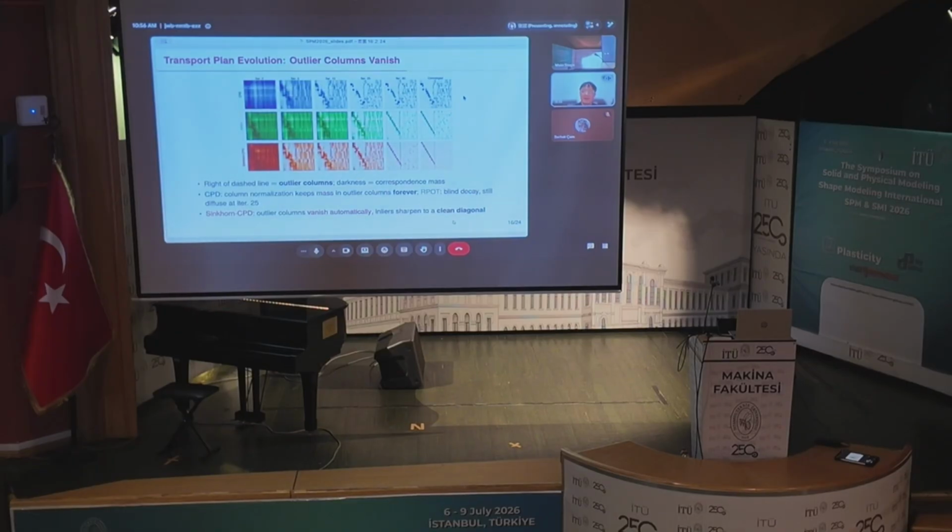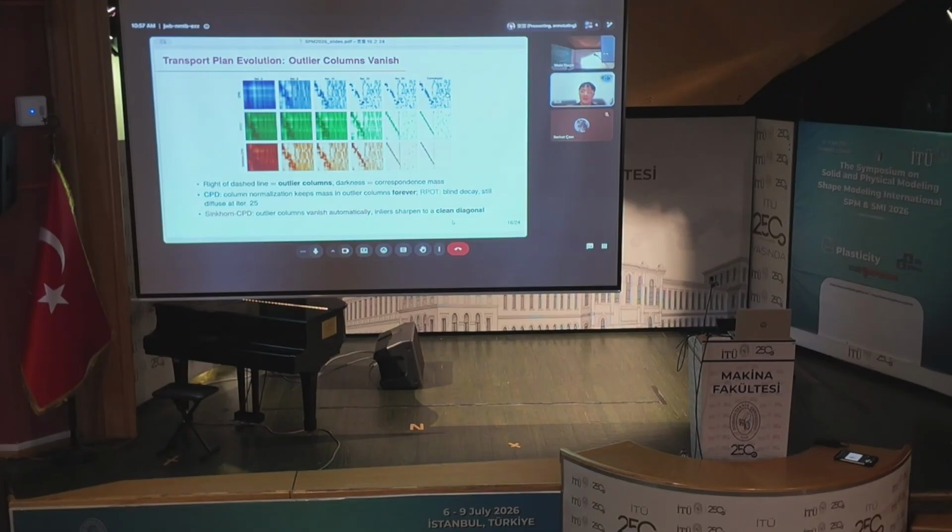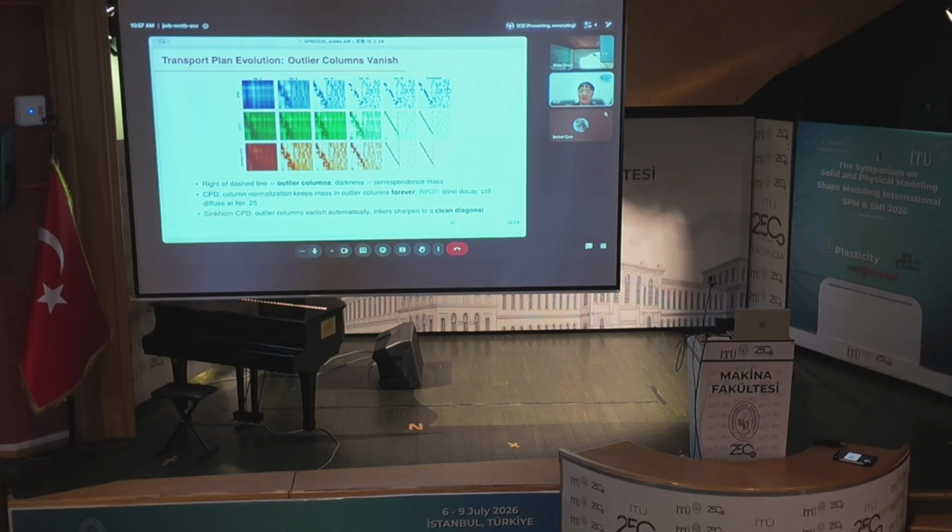The top line is CPD. We can see that the top lines are dark, and the constraint keeps mass in the outliers because they must have the full unit of mass for all the points.